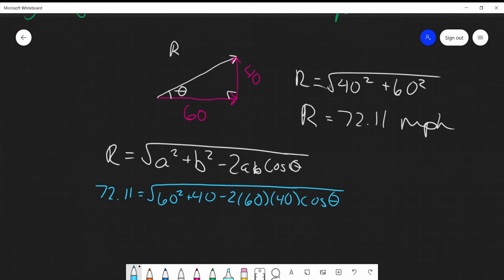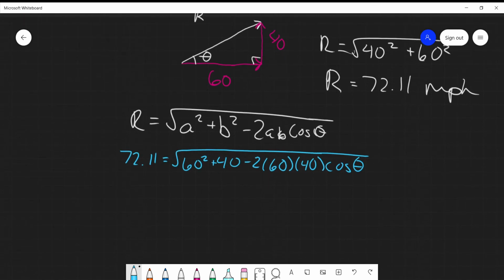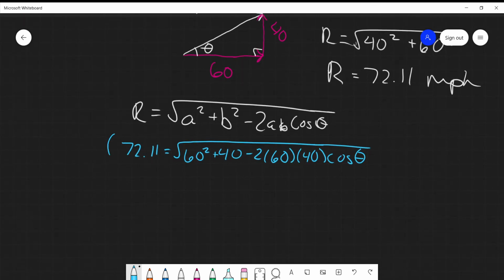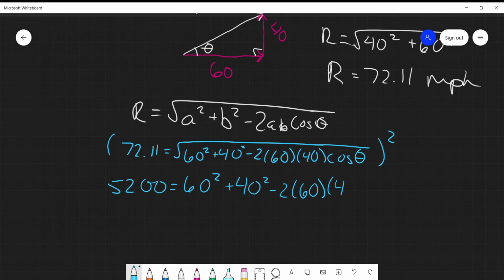Wow. And now we get to do some pretty intense algebra. So we square both sides. So this becomes 5200 equals 60 squared plus 40 squared minus 2 times 60 times 40 times cosine of theta.